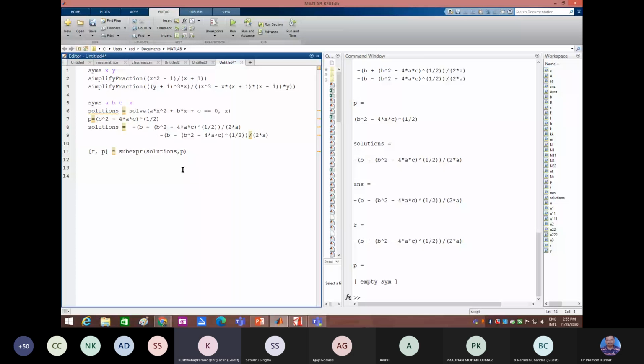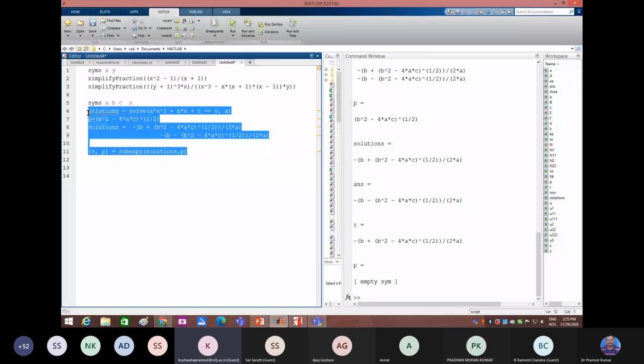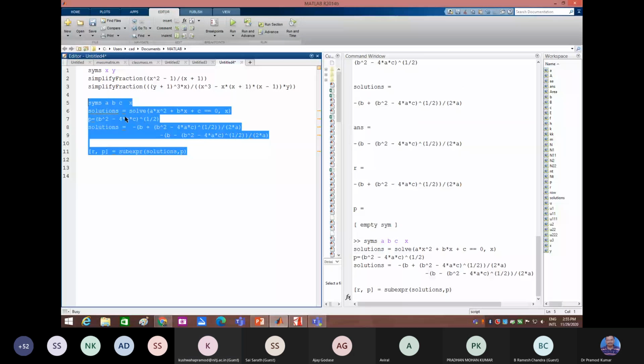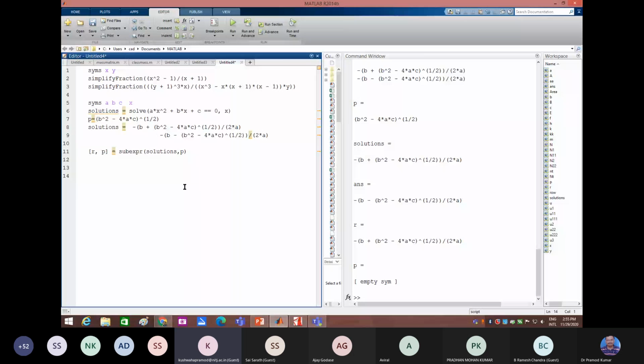Let us substitute here. In the solution, p is to be replaced. Anyway, let us try again. I think there is some syntax error, and that is not working. Anyway, let us try again in another problem.